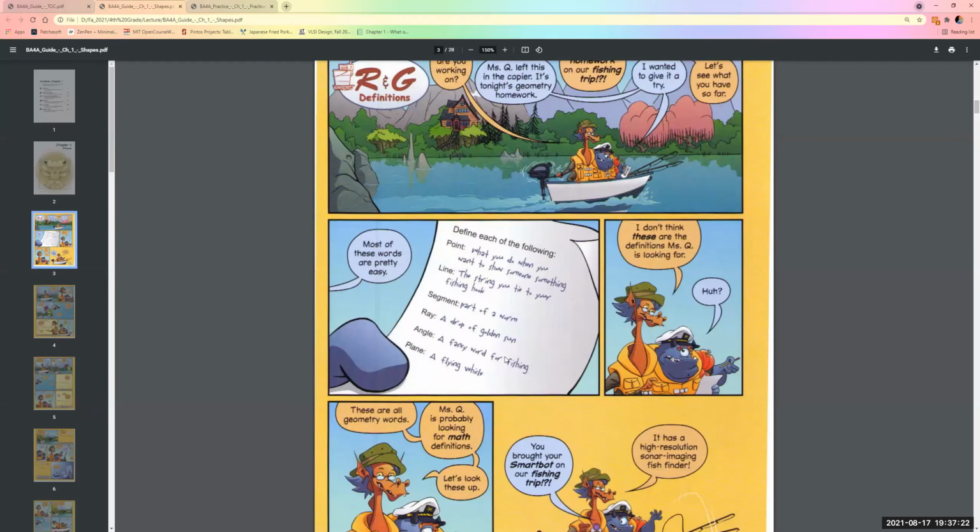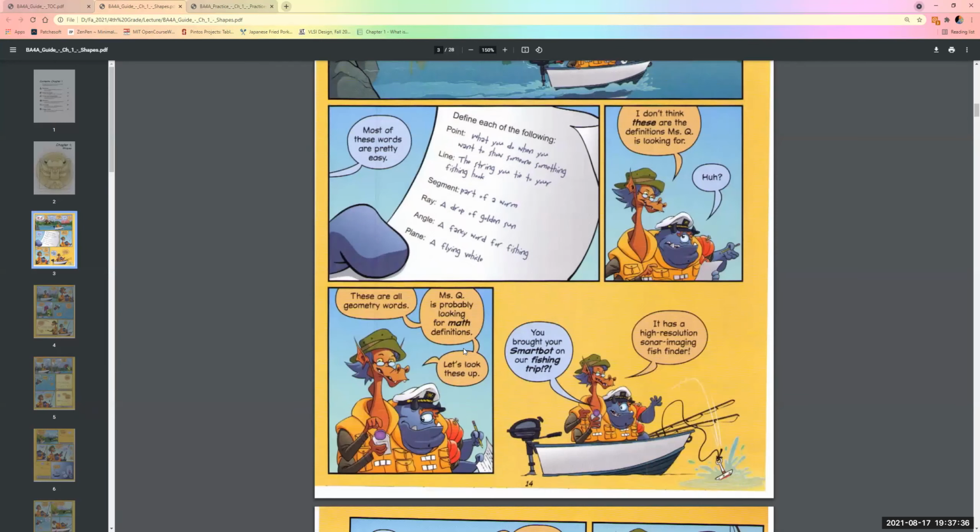And plane, a flying vehicle. Fancy. It says fancy. Oh, yeah. Thanks for that. I don't think these are the definitions Miss Q is looking for. Huh? These are all geometry words. Miss Q is probably looking for math definitions. Let's look these up.